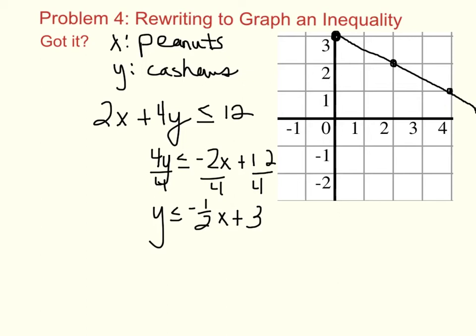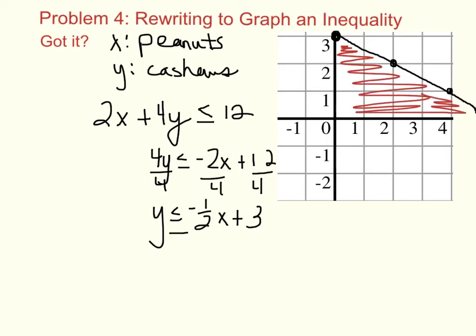Now we have to shade. Well, it says right here, less than, that could be the region anywhere underneath this line. But remember, I can't have negatives, so I can't have anything in quadrants 2, 3, or 4. So my shading would actually be anything in here as well.